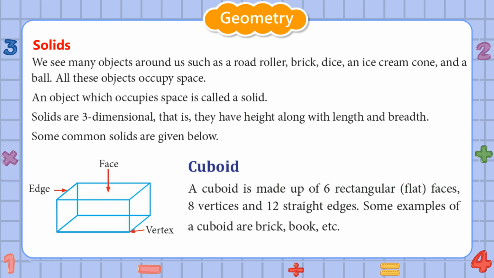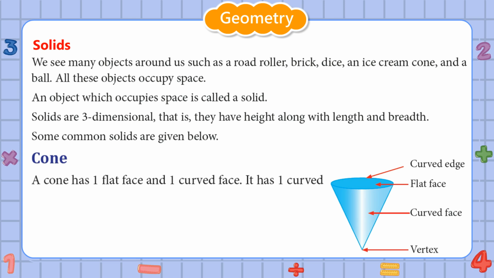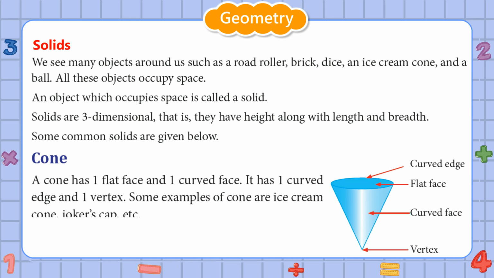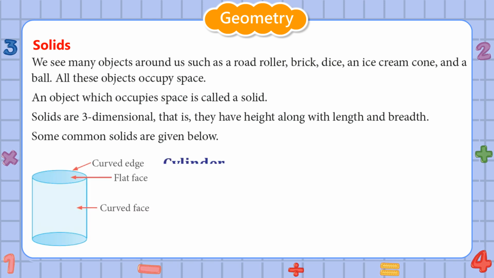Some examples of a cuboid are brick, book, etc. Cone. A cone has one flat face and one curved face. It has one curved edge and one vertex. Some examples of cone are ice cream cone, joker's cap, etc.